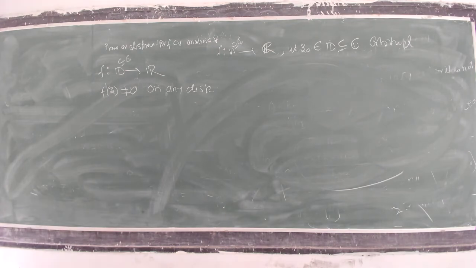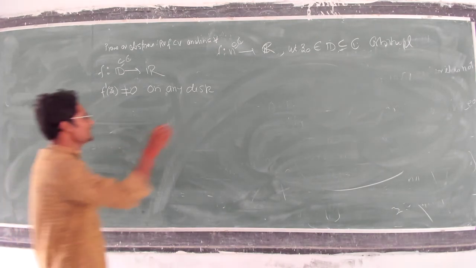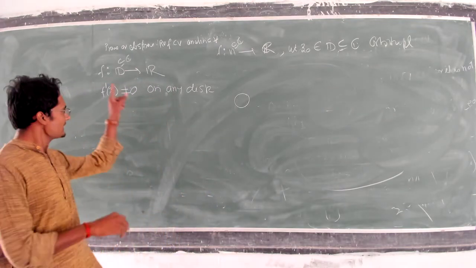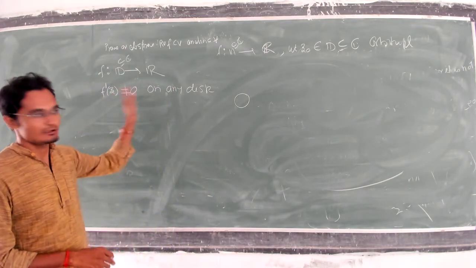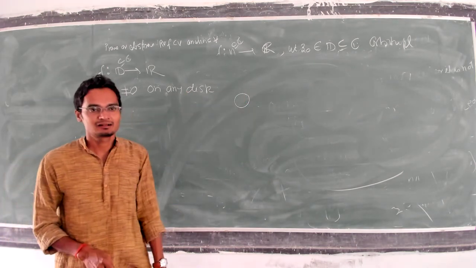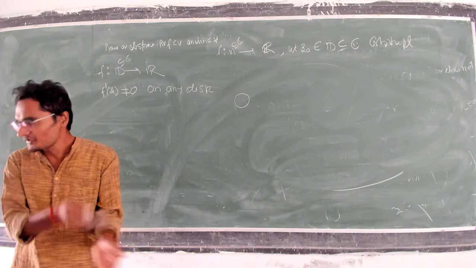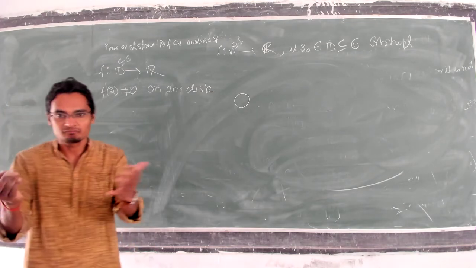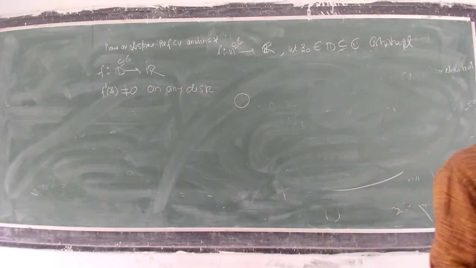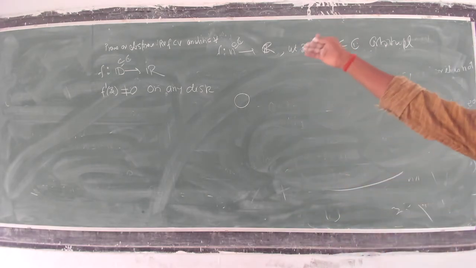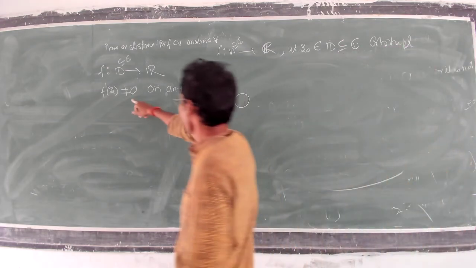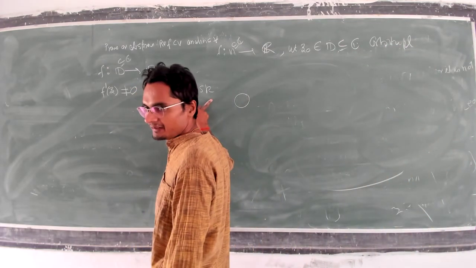The function is non-constant, so we will not get any disk in which the derivative is zero everywhere. Because if the derivative is zero everywhere, then your function will be constant in the disk. Right? But it is already given the function is non-constant. So this is not possible on any disk.